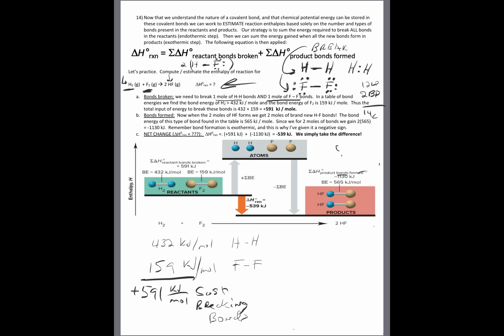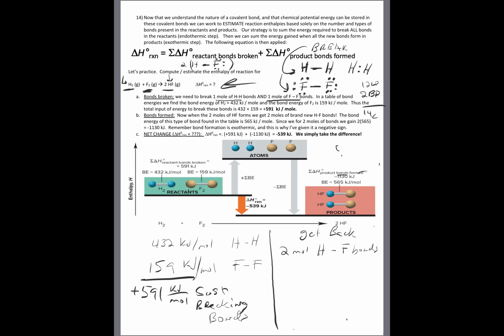All right, let me erase this over here. Now, what in the world do we get back? What's positive about this, right? Well, if we're making an inventory of what we get back, it looks like we make 2 moles, 2HF, right? 2 moles of hydrogen fluoride bonds.